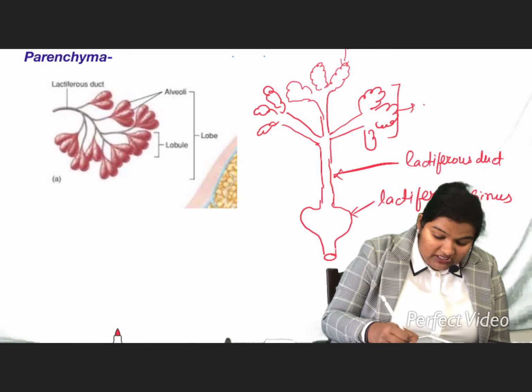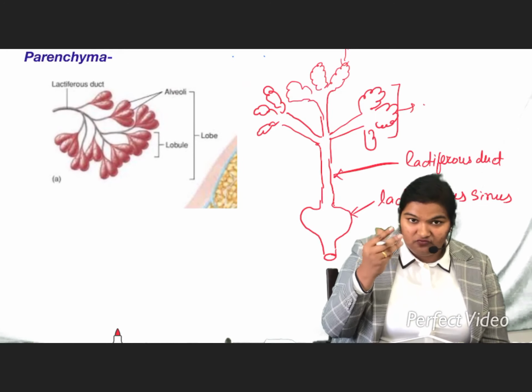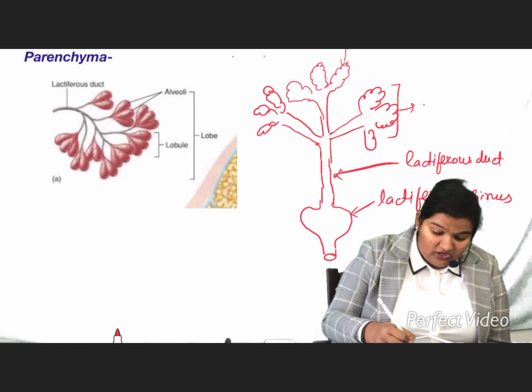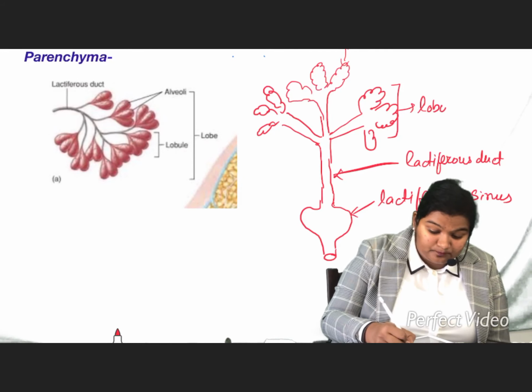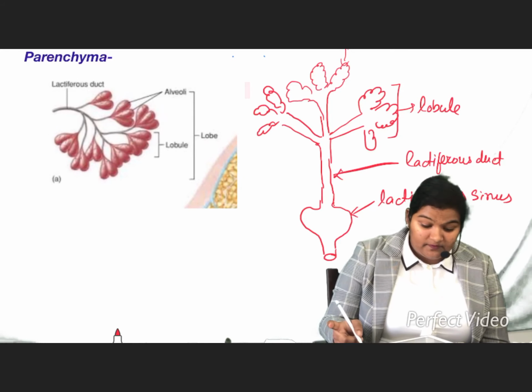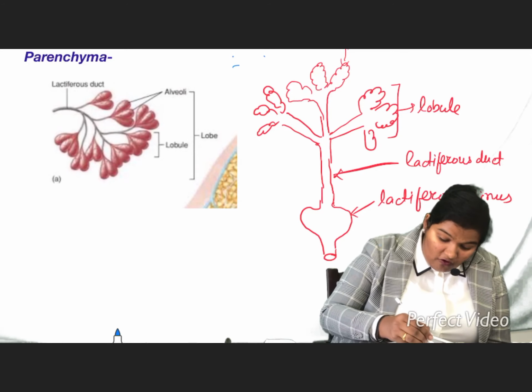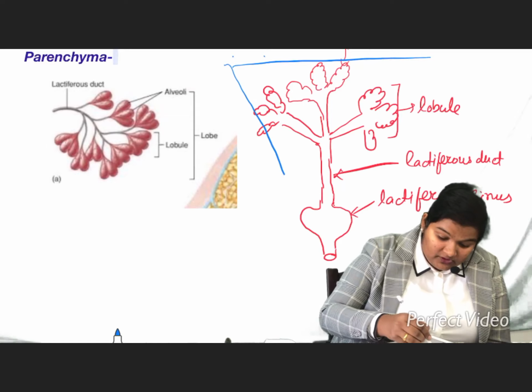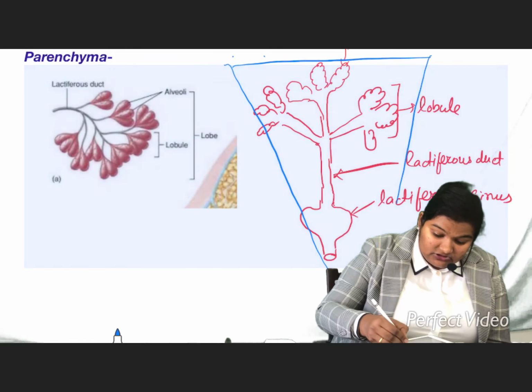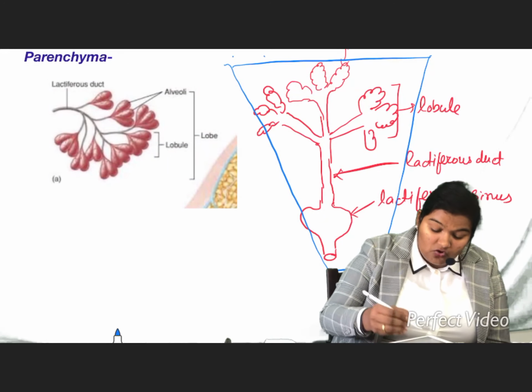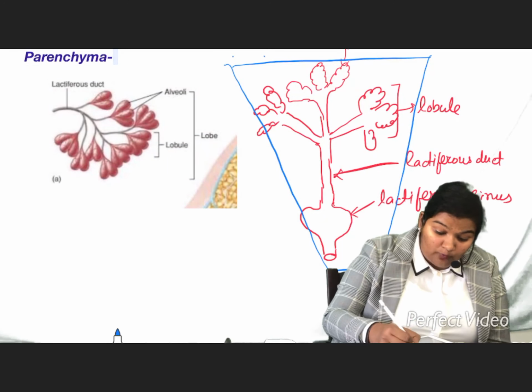So these small parts are called 2 or 3 acini, the bunch of these alveoli is called a lobule, and this whole structure of alveoli and the duct is called a lobe.